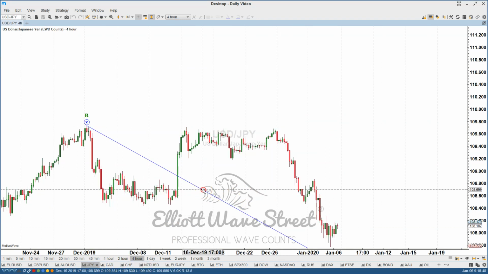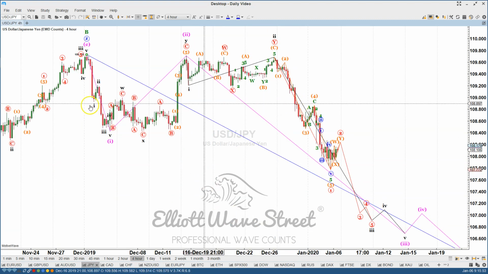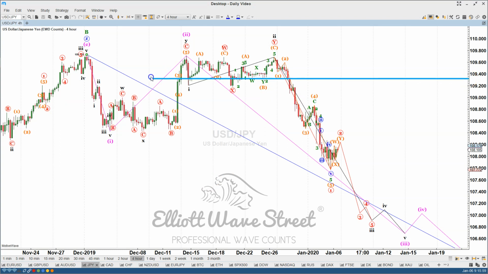So here on the lower time frames, we have a first attempt to trigger the trade at the 109.35 right here. That was my first level. And last week I found a second entry at the 108.72 right here. So that was our second entry to sell the dollar yen.